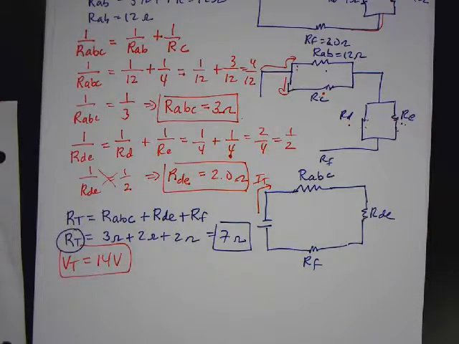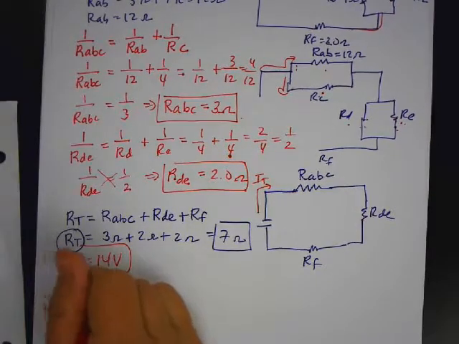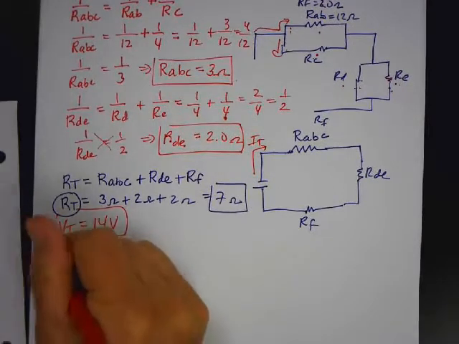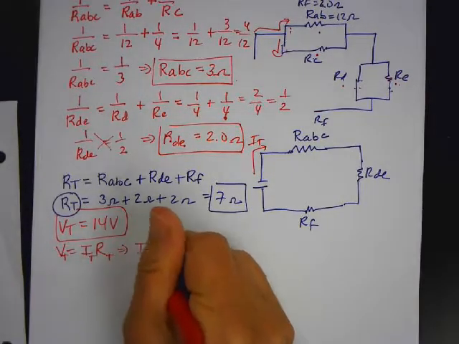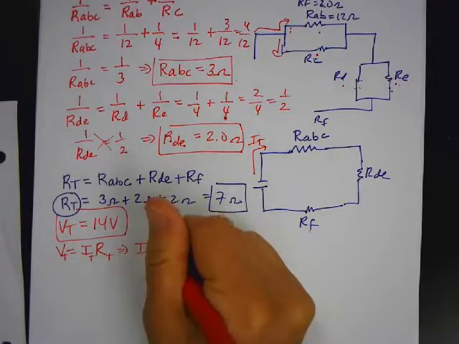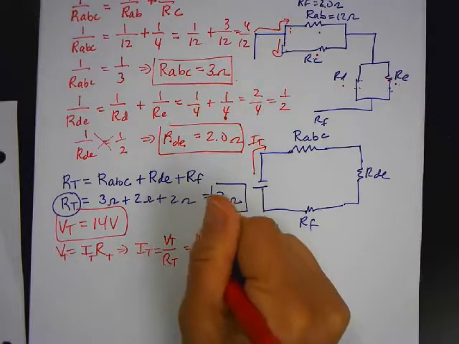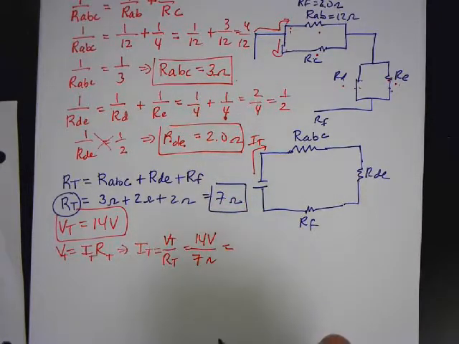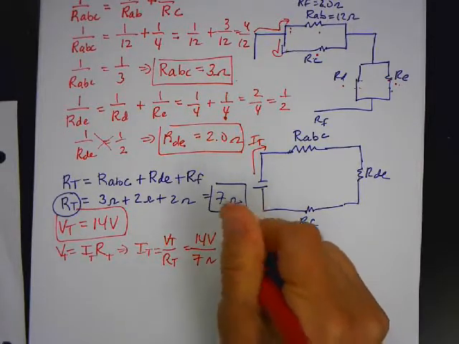So I'm going to use Ohm's law. V is equal to IR, and I'm going to apply it for the whole circuit. So VT is IT times RT. So IT is equal to VT over RT, which is 14 volts over 7 ohms. So the total current coming out of the battery is 2 amps.